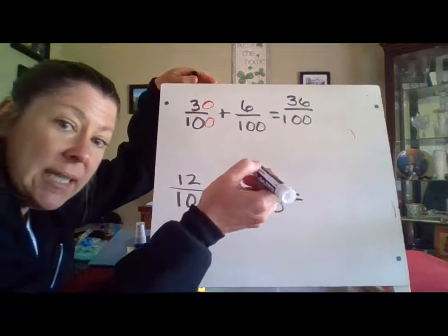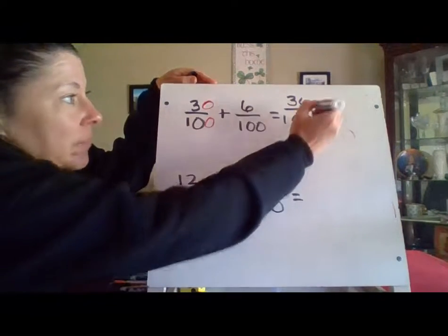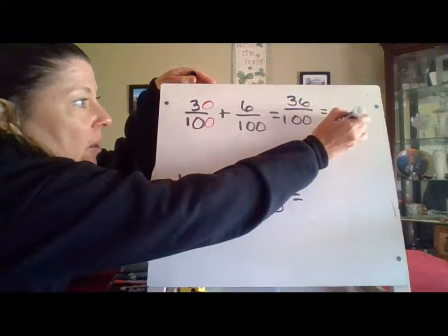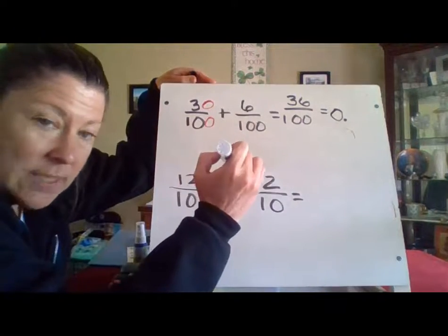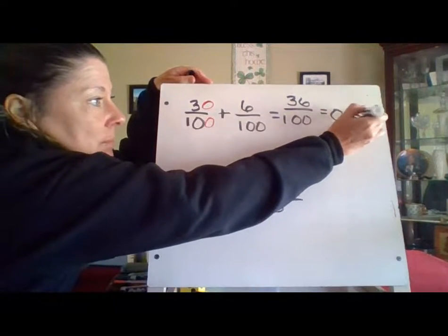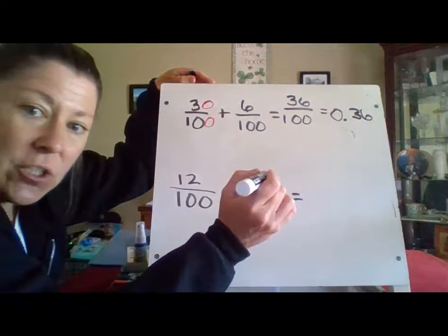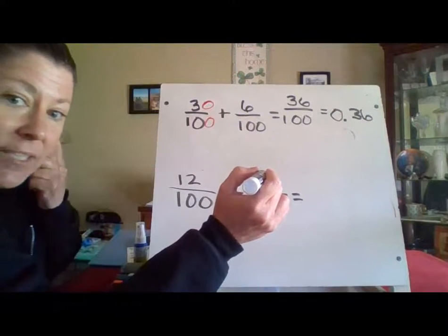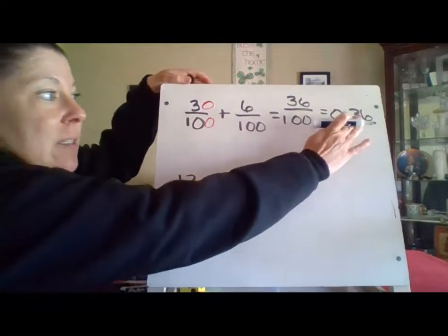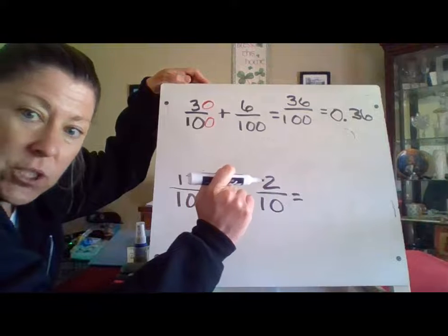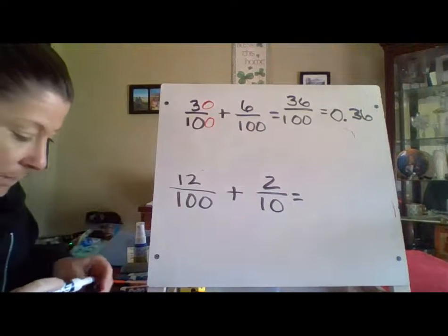I'd also like to see the answer as a decimal. There are 0 wholes and 36/100. So my answer is 36/100 or 0.36.